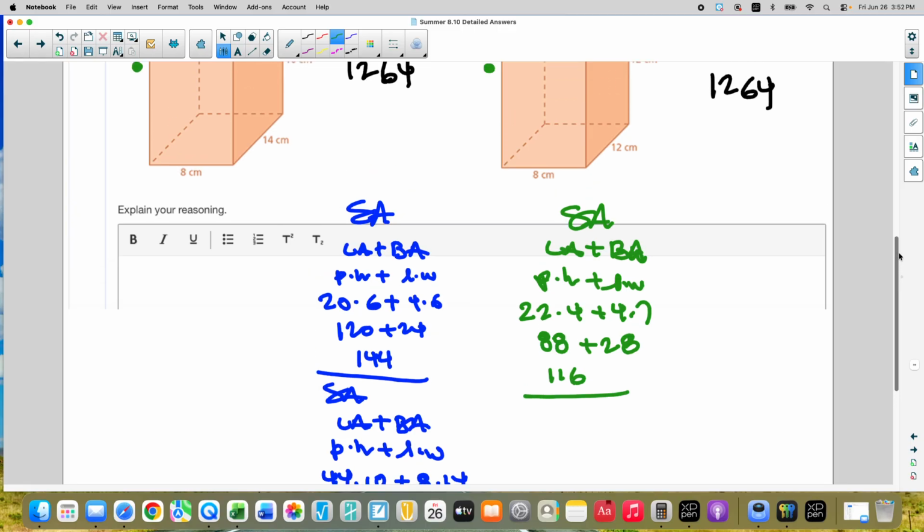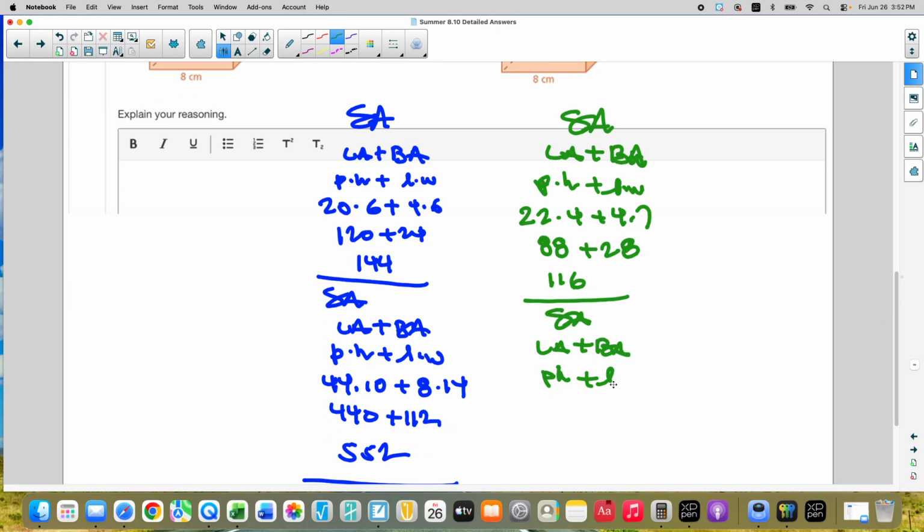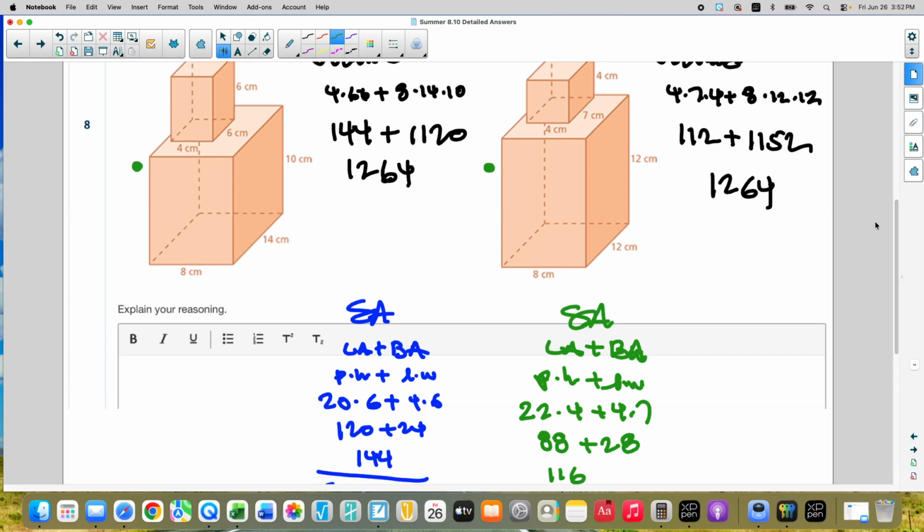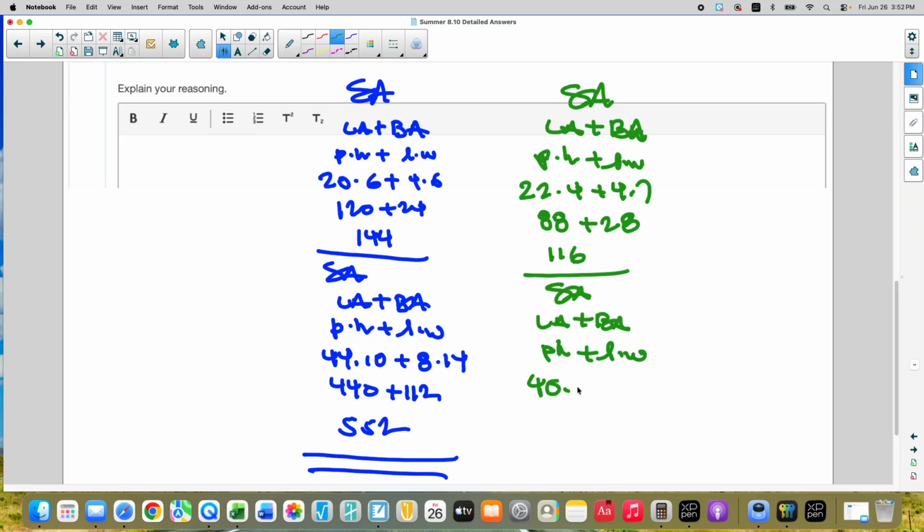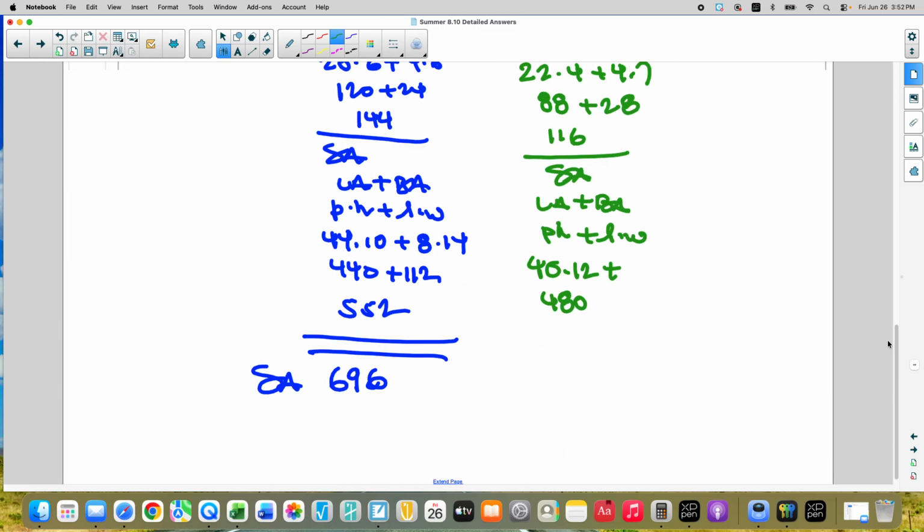And of the lower box, which is lateral area plus base area, which is the perimeter times the height plus length times width. Perimeter is going to be 40. 40 times 12, which is the height. And that's going to give us 480 plus 8 times 12, which is 96, which gives us 576 for the surface area.